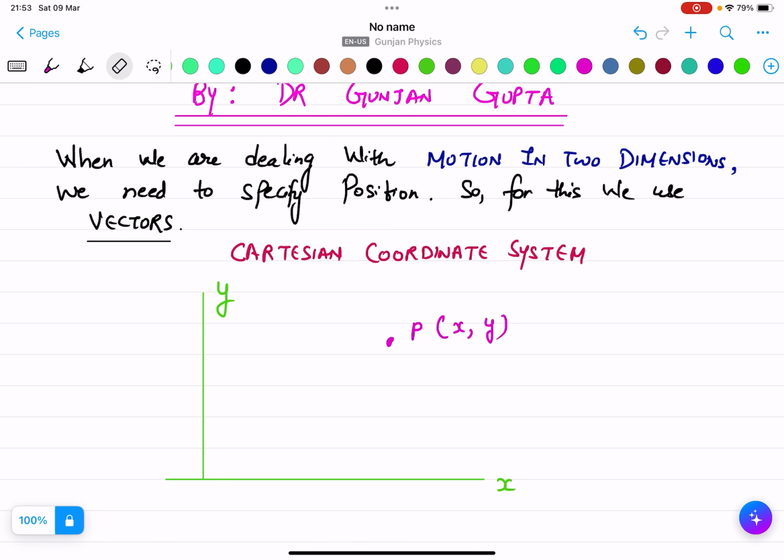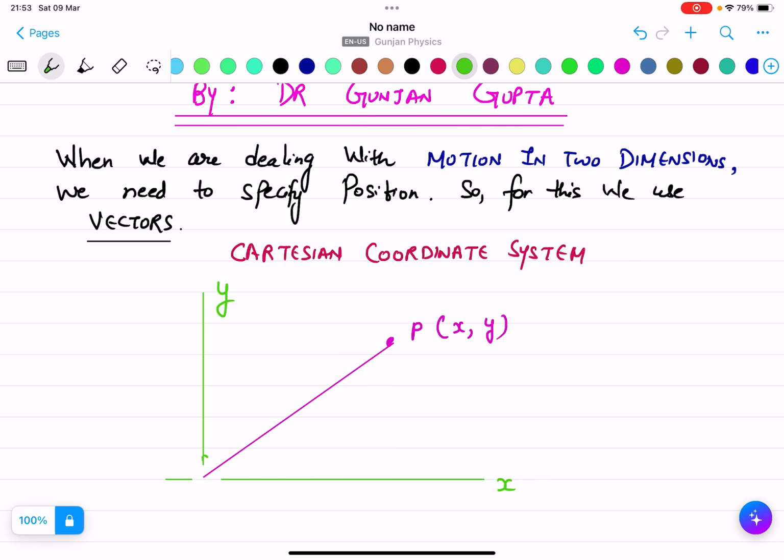So this is a point P, and we can say it is making a distance. I can just make this line here and this line here.